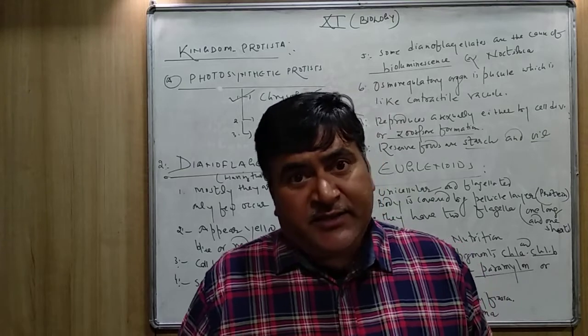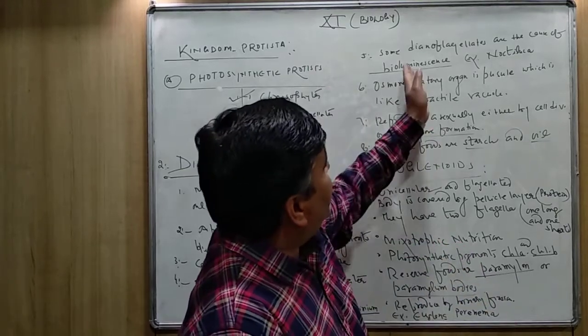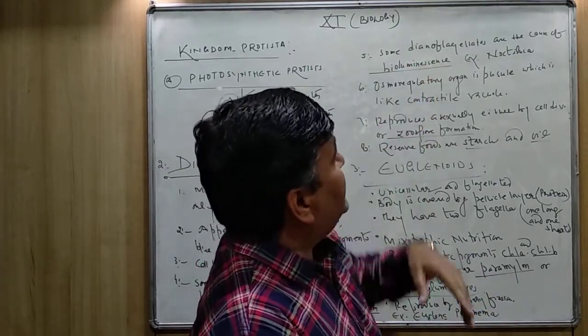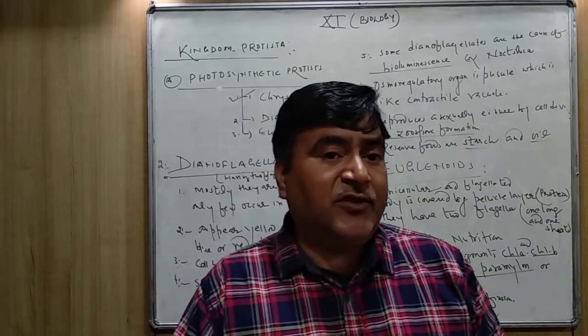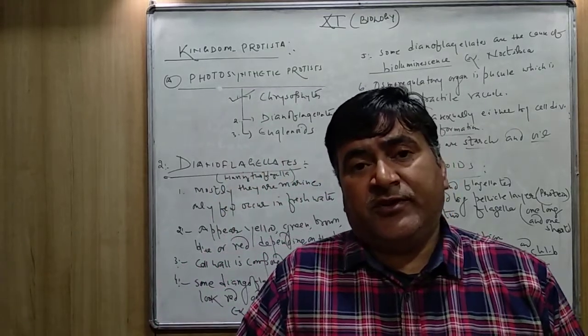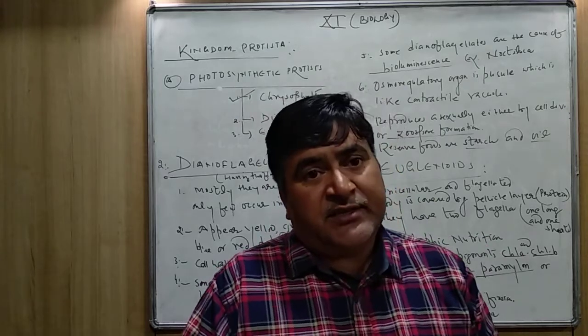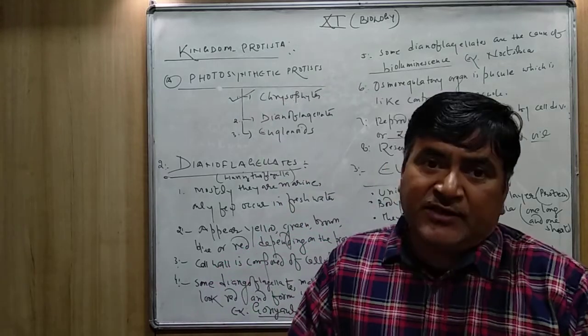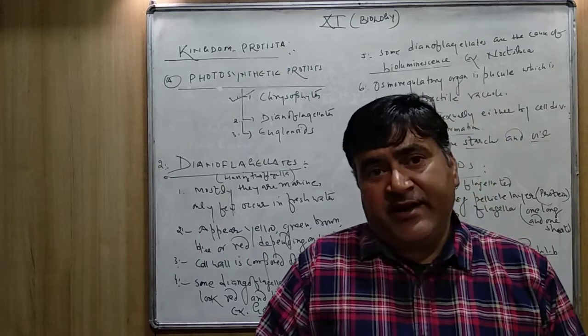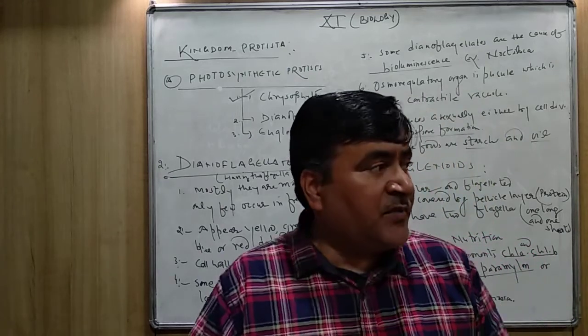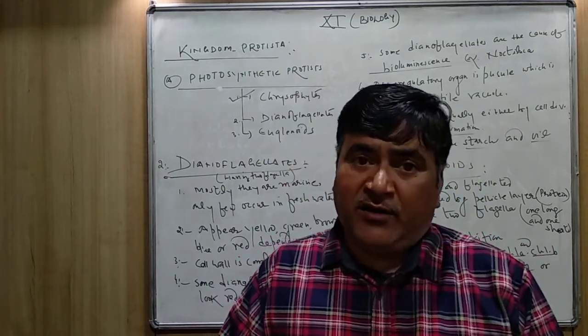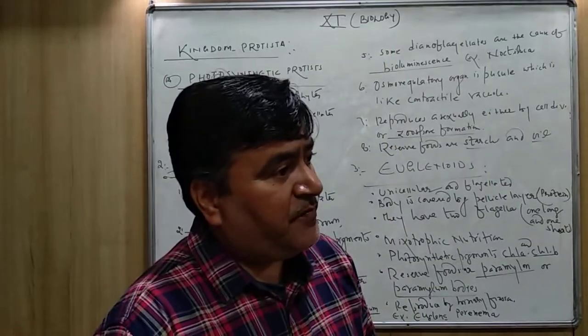But the firefly is an insect. Not only the firefly, even some of the dinoflagellates are also the cause of bioluminescence. Bioluminescence is the emission of light from these protists.